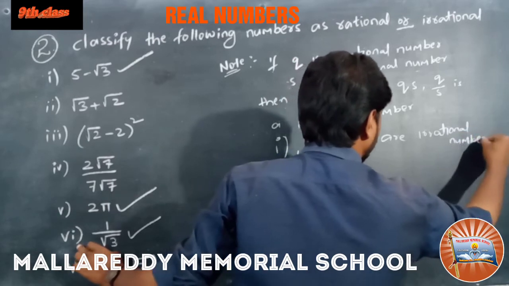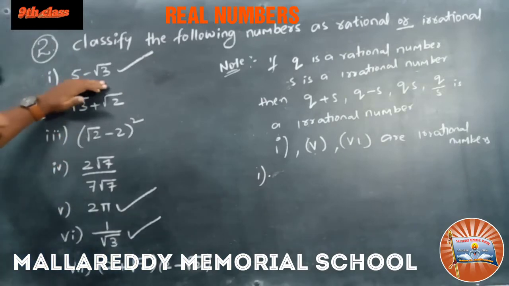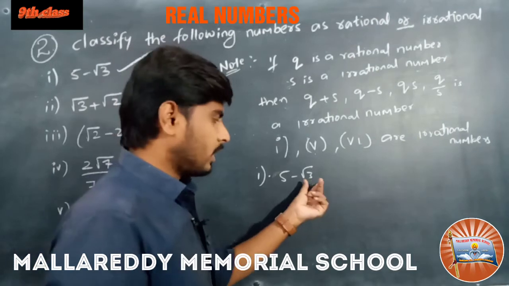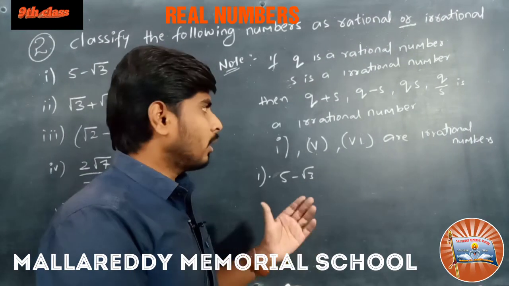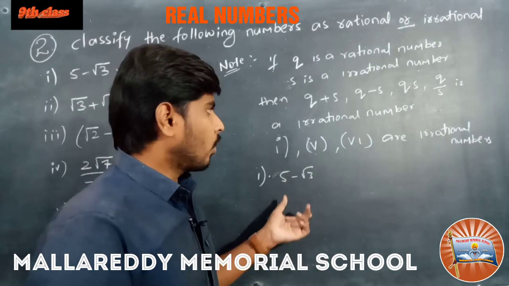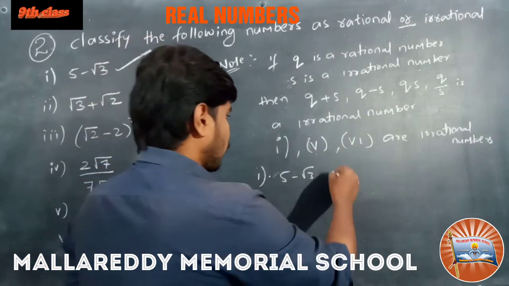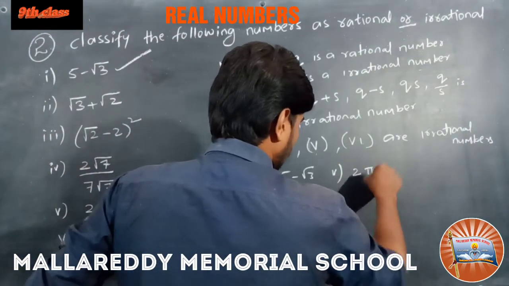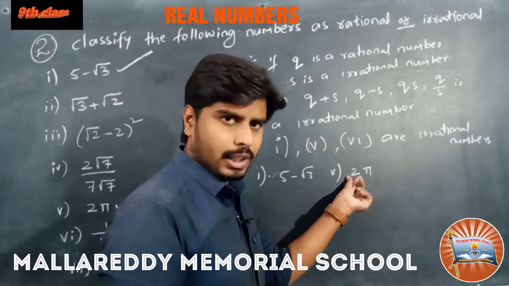Look at the first one. What is the question? 5 minus root 3. So this is a rational number and this one is an irrational number. Here we are subtracting between a rational and an irrational number, so we get an irrational number. And the fifth one, 2 pi. Here pi is an irrational number and 2 is a rational number.